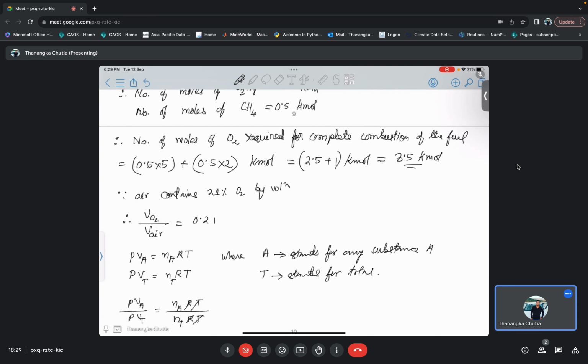So what it says is that VA divided by VT is equal to NA divided by NT. What is VA divided by VT?